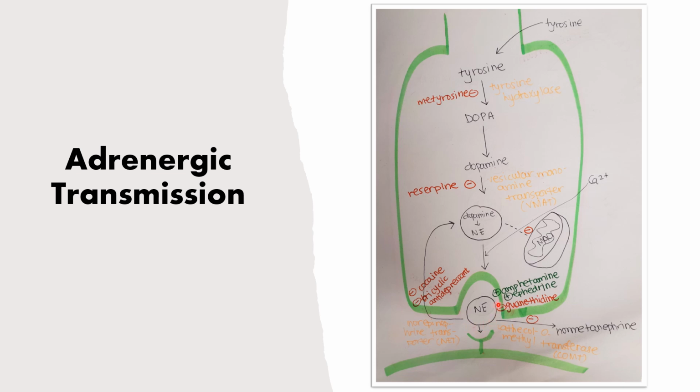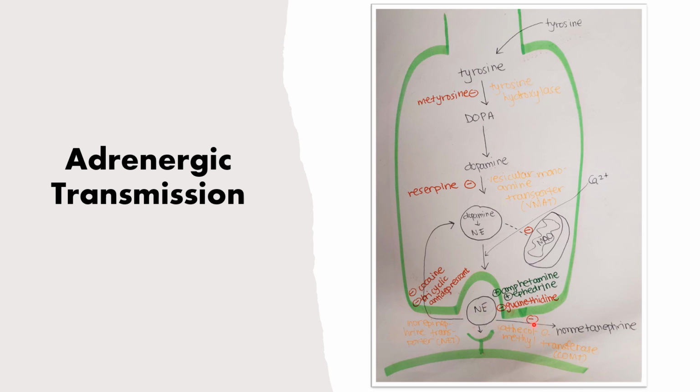So when norepinephrine gets out into the synaptic cleft, three things can happen. It can bind to the receptor right here. It could be on an effector muscle or something, and then obviously trigger a contraction there. It can also be broken down by this enzyme here called catechol-O-methyltransferase, or COMT for short.